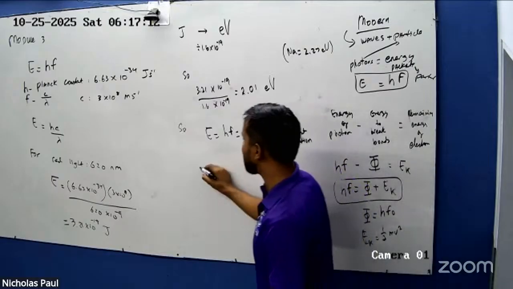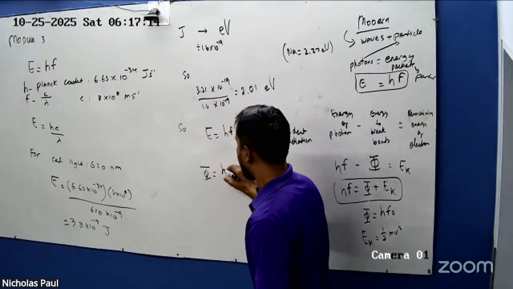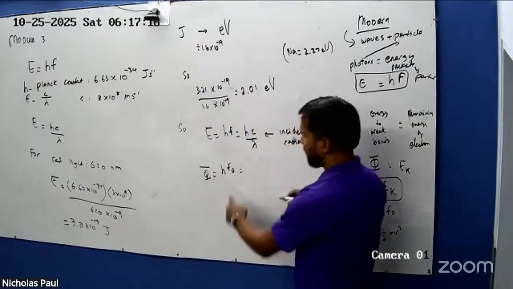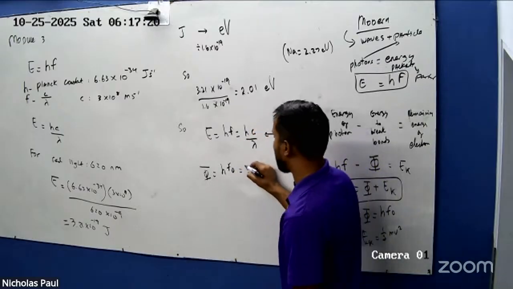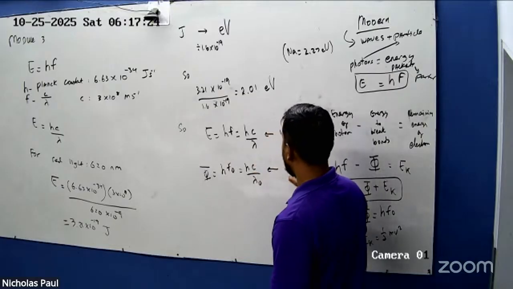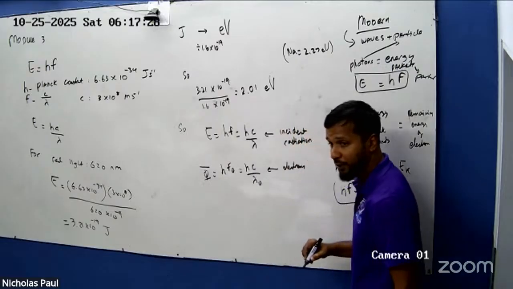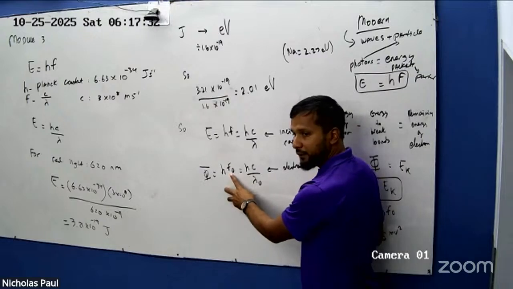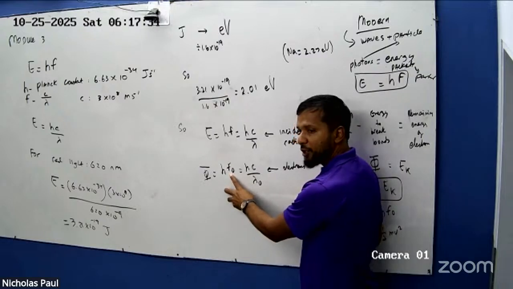Then we learned about work function. Work function is hf naught, or I can use the same c on lambda, hc on lambda naught. This is for the electrons, right? Before I move on, this f naught is what we call the threshold frequency.